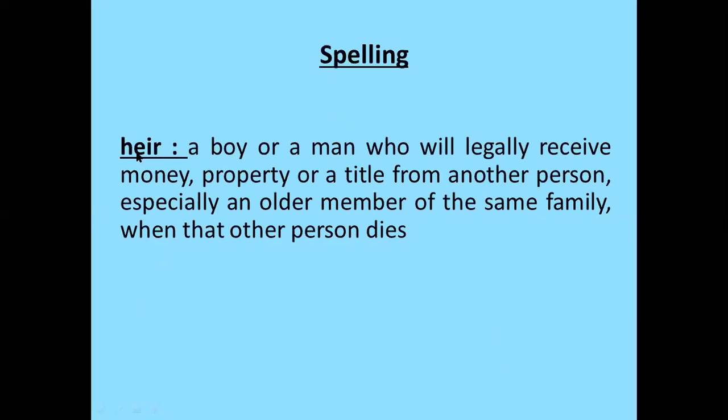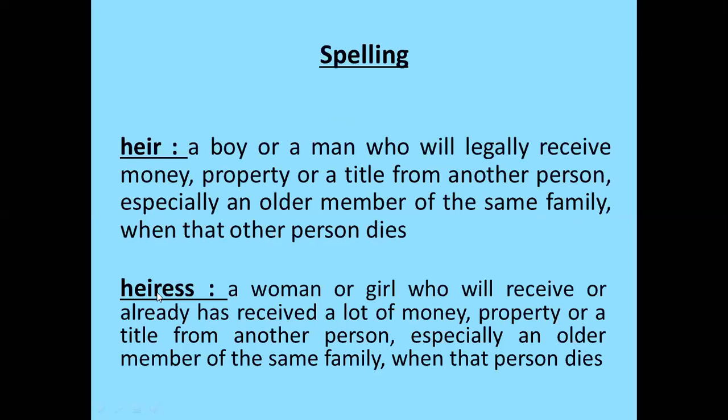Heir, H here is silent, heir, and heiress. Heir, this is the boy or a man who will legally receive the money or the wealth of his dead father. This is the heir, a boy or a man who will legally receive money, property or a title from another person, especially an older member of the same family, when that other person dies.